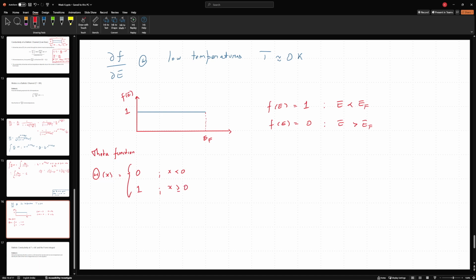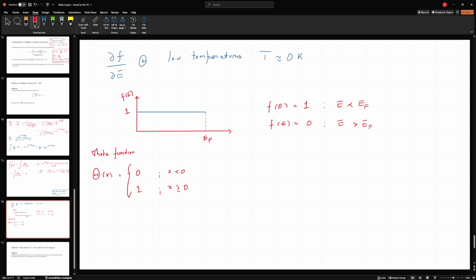So it's a function that takes a unit step at x equal to 0. Similarly, I can have theta of x minus x naught, where this 0 will be replaced by x naught. Essentially, whatever the argument is, if the argument is positive, it is going to be 1. If it is negative, it is going to be 0.